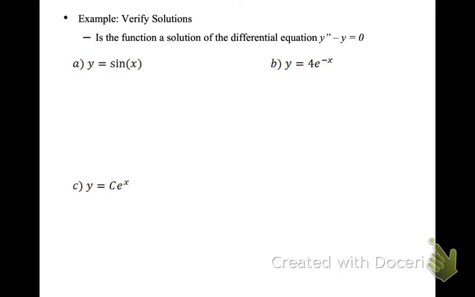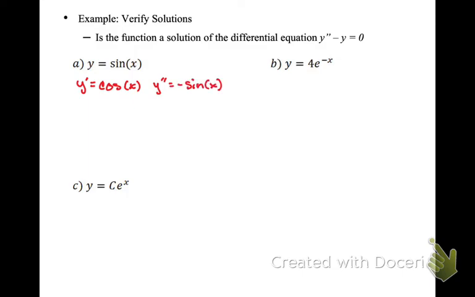You need to find the second derivative of sine. So in order to find the second, I have to find the first. So y prime is what? Cosine x. And y double prime, negative sine x.